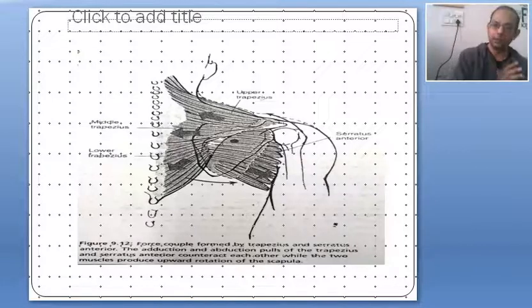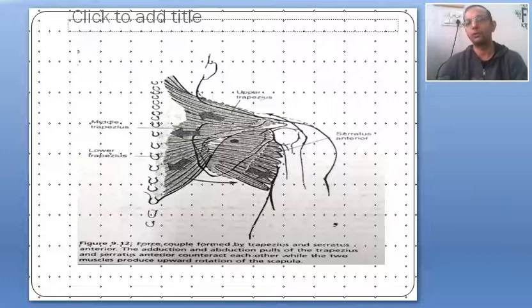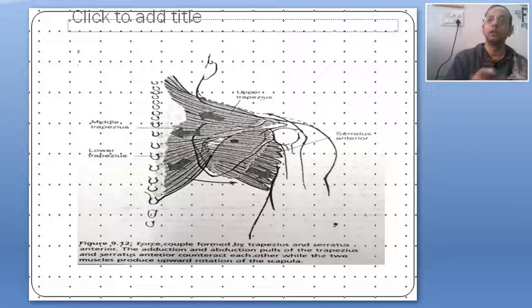So these are the muscles: upper traps, middle traps, lower traps, and the serratus anterior contracting together, cancelling out what is not required, neutralizing the force vectors which are not required, and only exhibiting the force vector which is required for the upward rotation of the scapula.